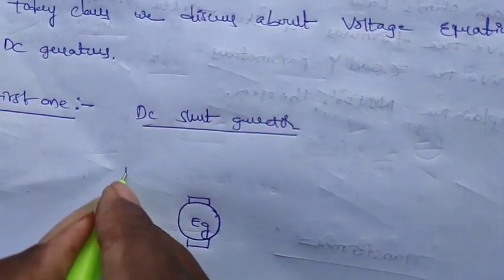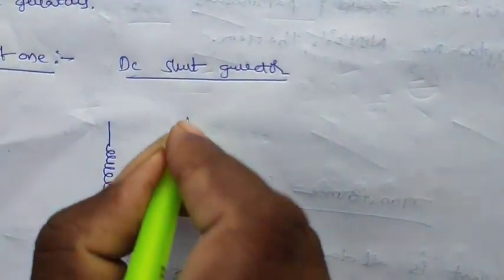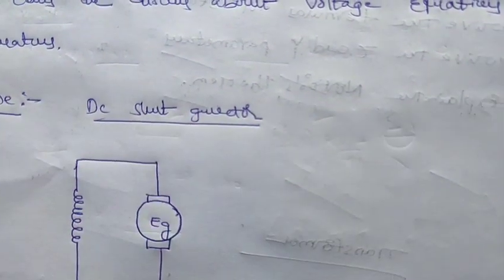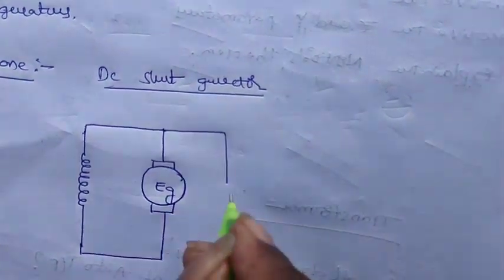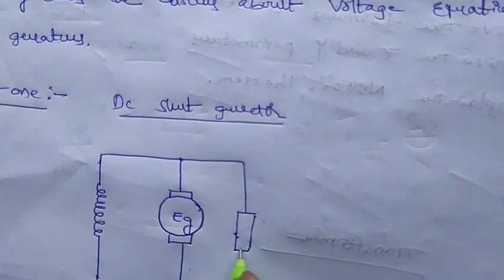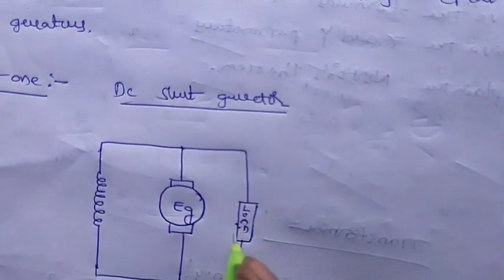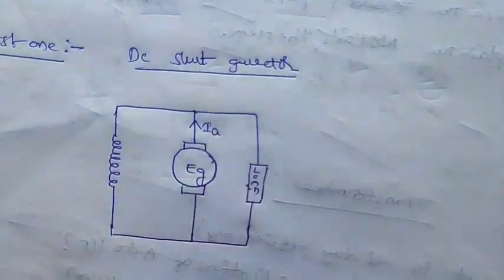Shunt generator means the field winding is connected parallel with the armature. That's why it is called shunt. Generator means it delivers electrical energy, so that is represented to the load. So here that is armature current.